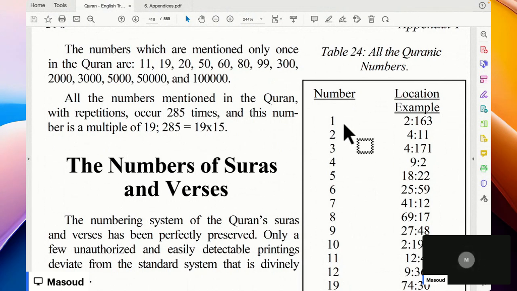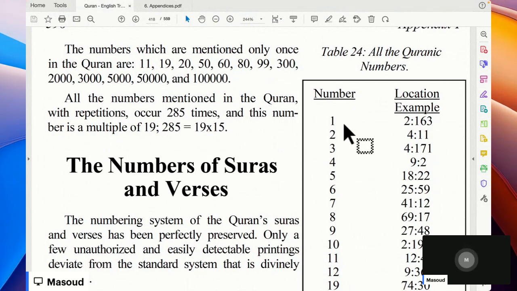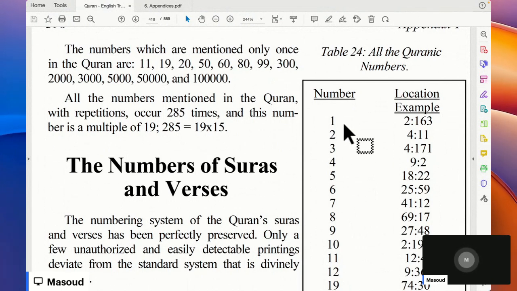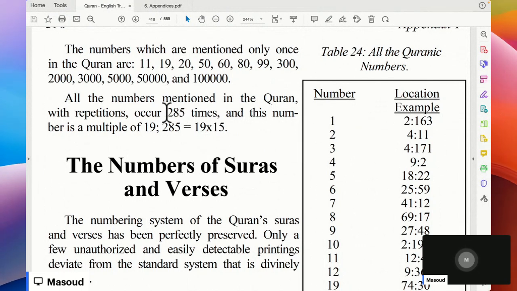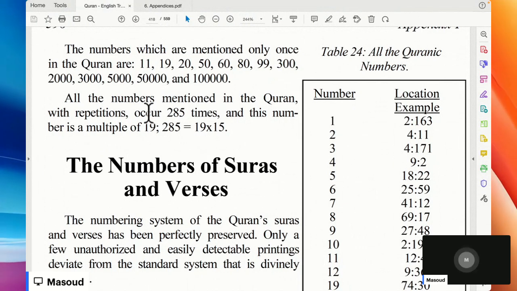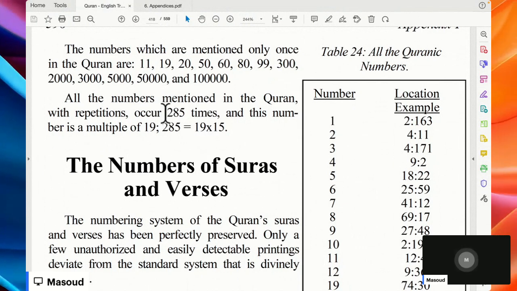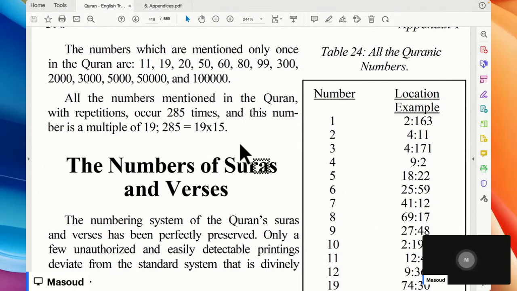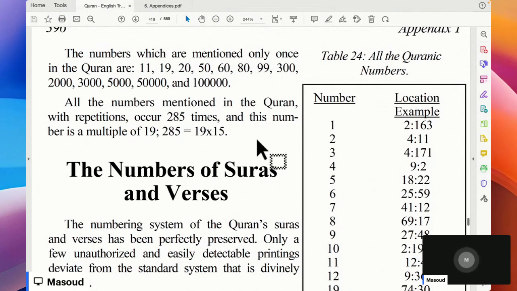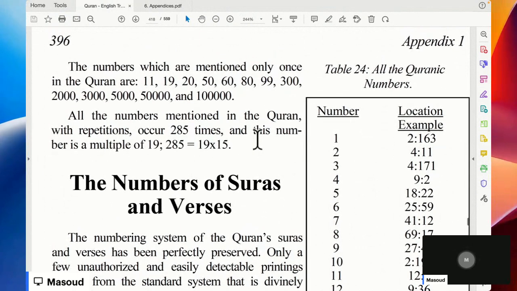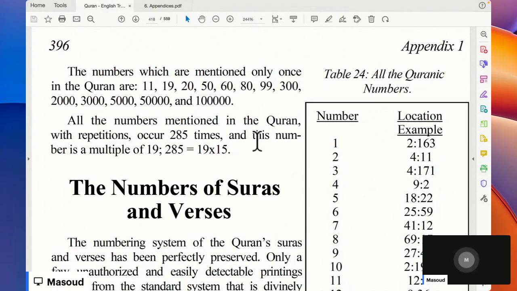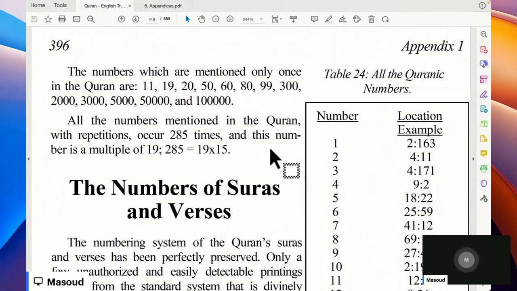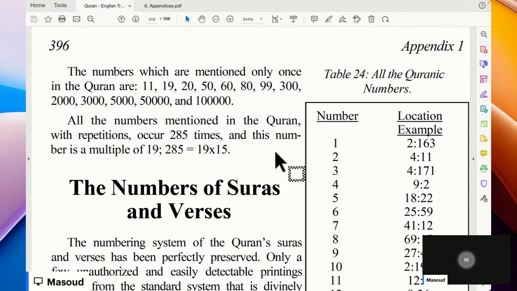This would be an interesting homework for you to do for yourself if you want. Then you would be able to see that all these numbers with repetition occur 285 times, and that is a multiple of 19, and that is 19 times 15. All right, SubhanAllah, and mashallah, this is what God has given us, and alhamdulillah, praise be to God.